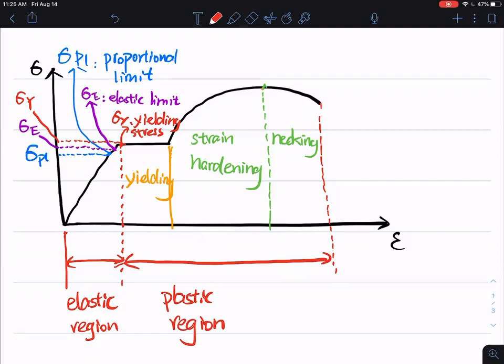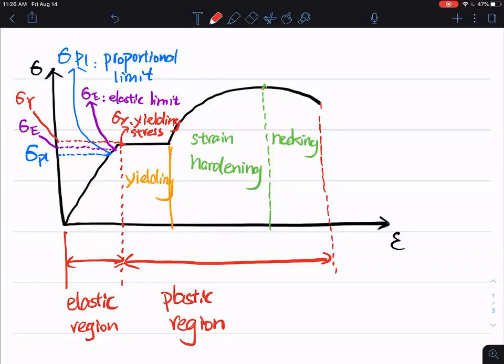For some materials, you probably only have the proportional limit point, or only the yielding point, or another point. It's barely possible to see three of them on the screen. But I just want to let you know, an ideal stress strain curve should have those three points. They tell you this information.